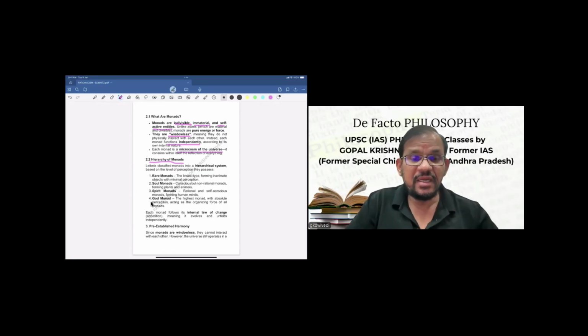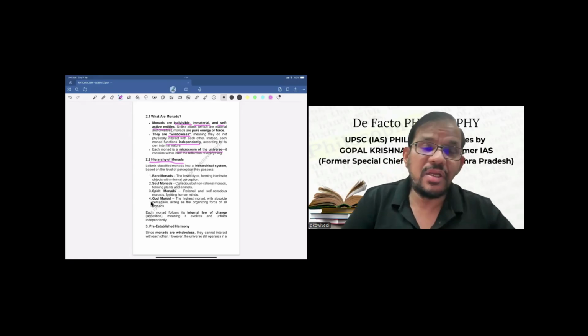So there are four kinds of monads, and he also says that there is an internal law of change. Lower-quality monads want to progress towards a better variety. So bare monads want to progress towards soul monads, and then towards spirit monads. Each monad follows its internal law of change.